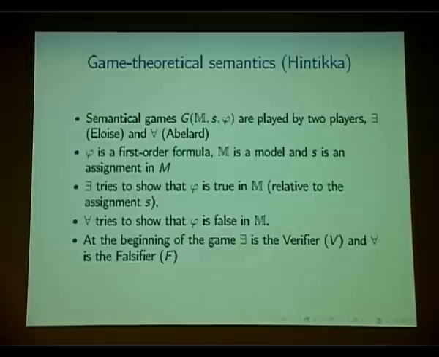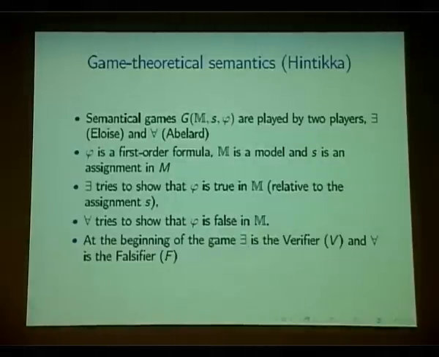So this is very brief. We consider such an IF formula and an assignment which includes its 3 variables and an appropriate structure M, and then we play a semantical game, which is an extensive game by 2 players, the existential and the universal player.